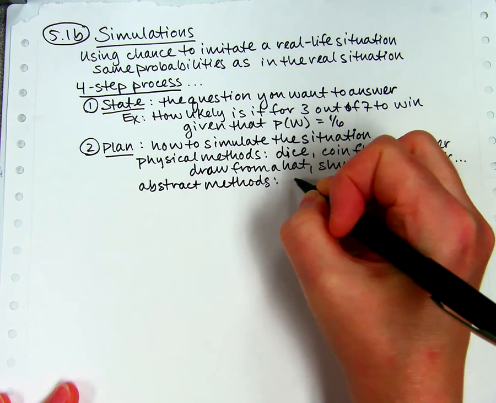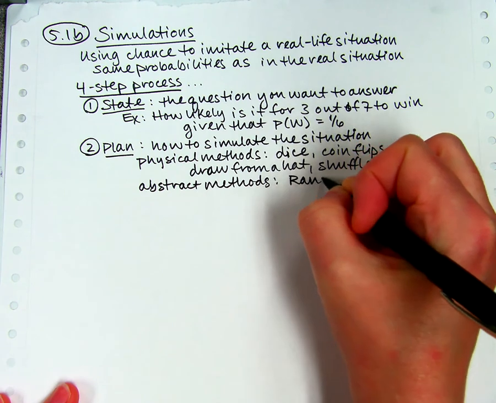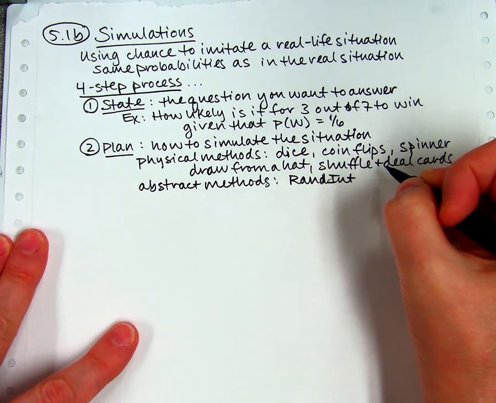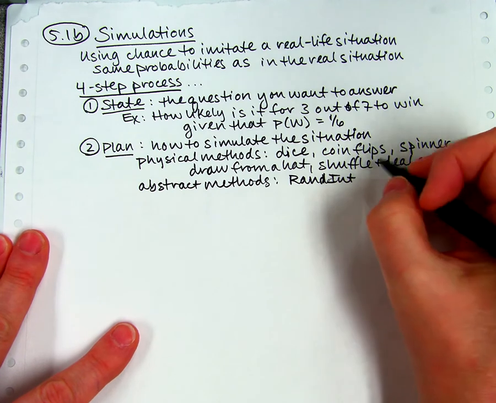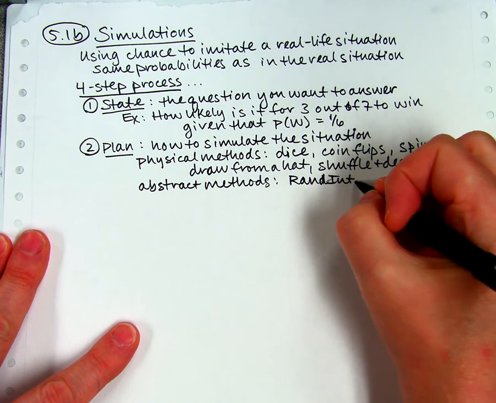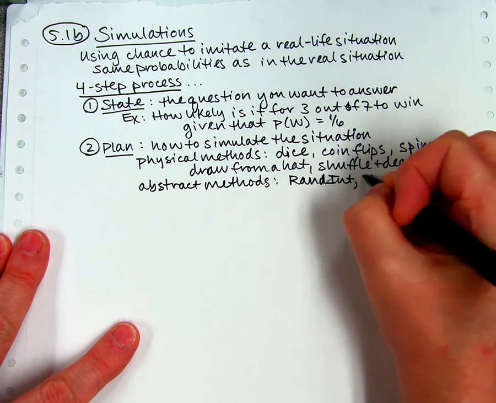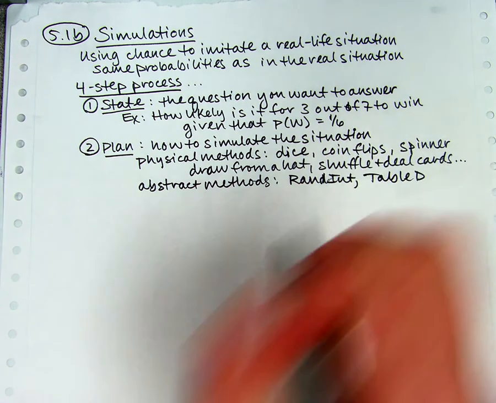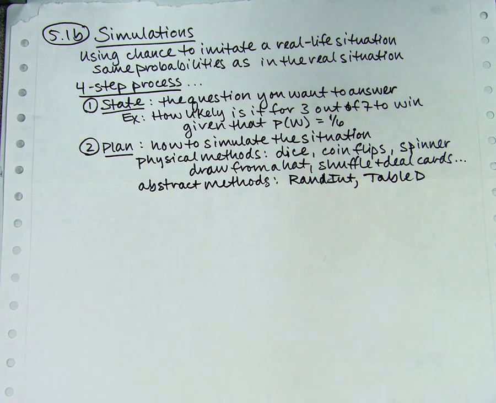Abstract methods include the randint function on your calculator. I believe there's a random.com or something like that that you should look up and see what they have as options. There's Table D, which is the random digit table. Those are the 2 most common, technology or random digit tables.